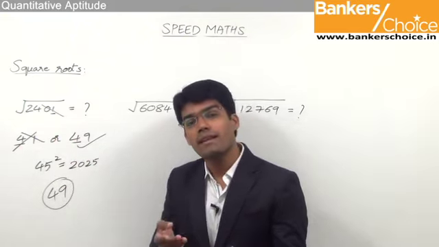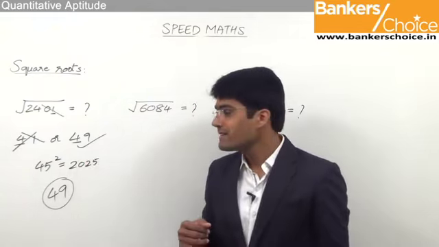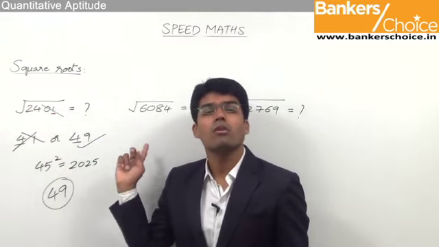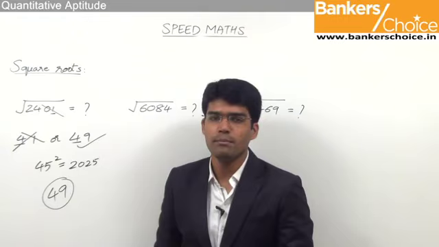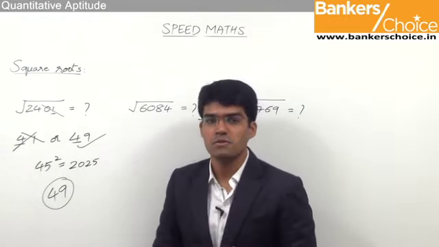The other way to find out which of these two is correct, that means the other way to get the third step here, is to check whether 2401 is closer to 40 square or closer to 50 square. For example, we know that 40 square is 1600 and 50 square is 2500.